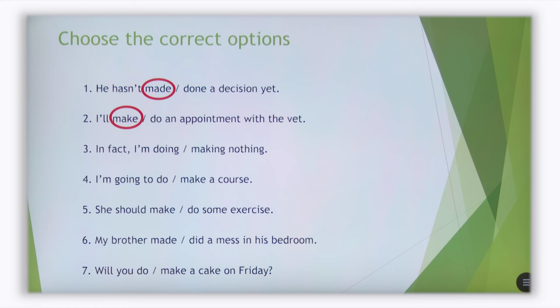Number 3, in fact, I'm doing or I'm making nothing. It's doing. In fact, I'm doing nothing. Number 4, I'm going to do or I'm going to make a course.